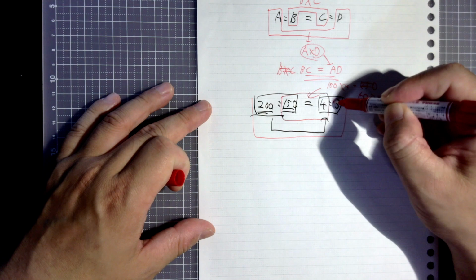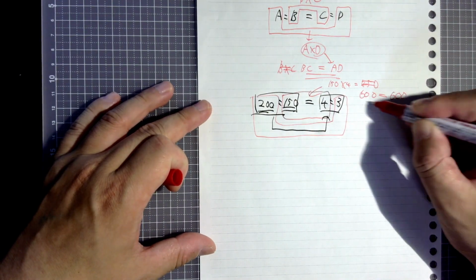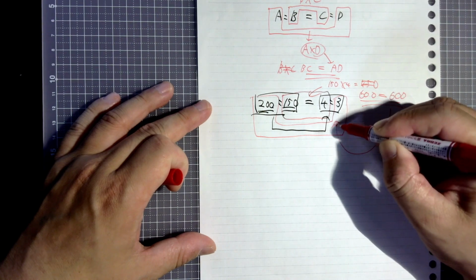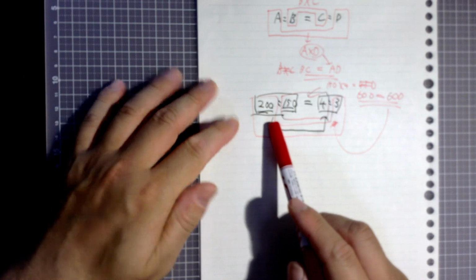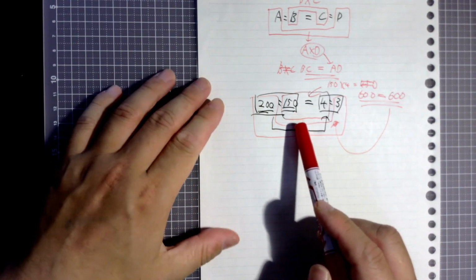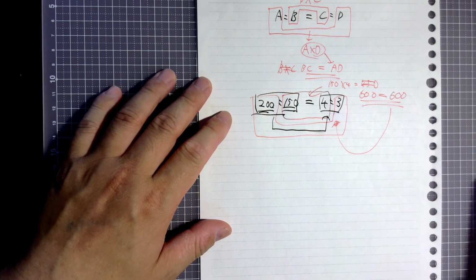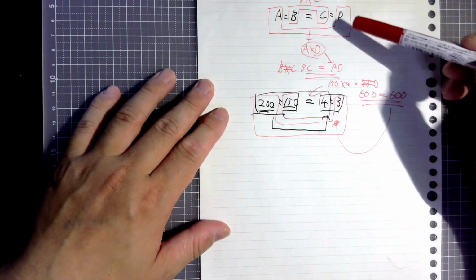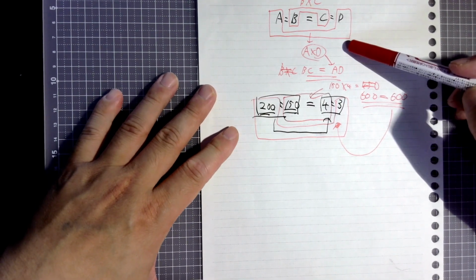It should be equal to 200 times 3, which is 600. So this answer is correct. So the ratio of 200 to 150 must be equal to 4 to 3. Proved by this rule: inward product is equal to outward product.